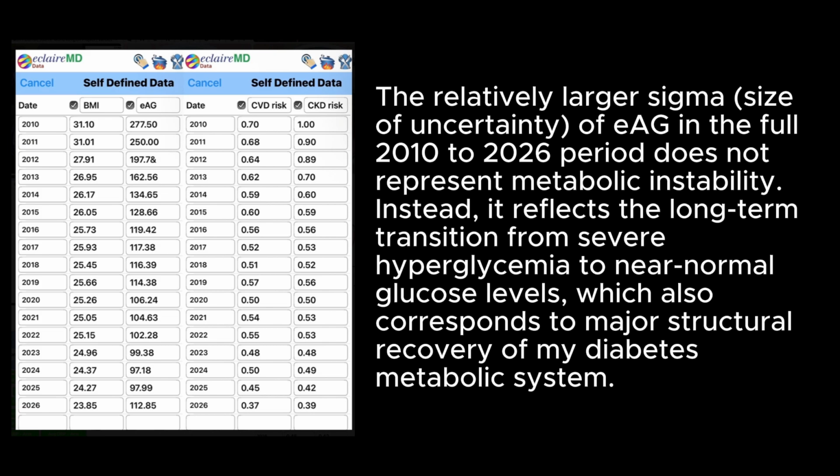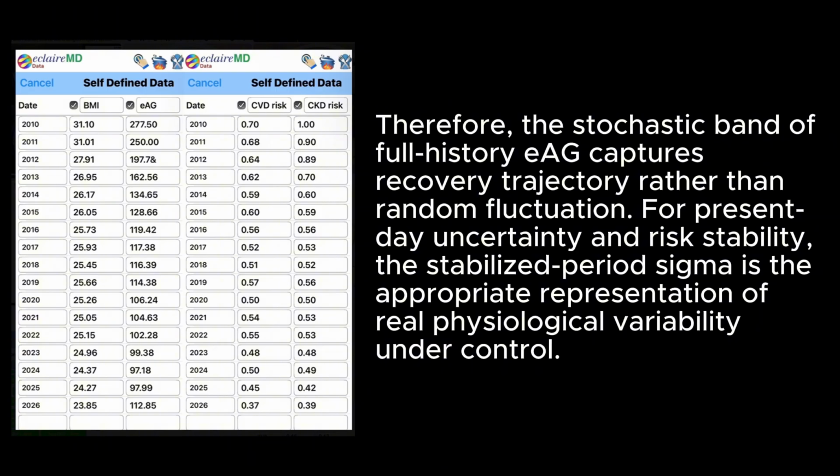Instead, it reflects the long-term transition from severe hyperglycemia to near normal glucose levels, which also corresponds to major structural recovery of my diabetes metabolic system. Therefore, the stochastic band of full history EG captures recovery trajectory rather than random fluctuation. For present-day uncertainty and risk stability, the stabilized period sigma is the appropriate representation of real physiological variability under control.